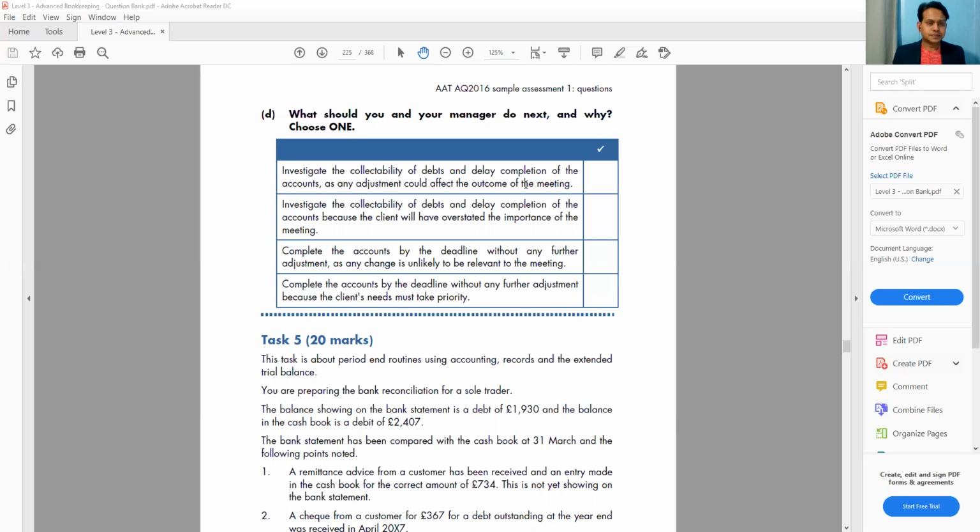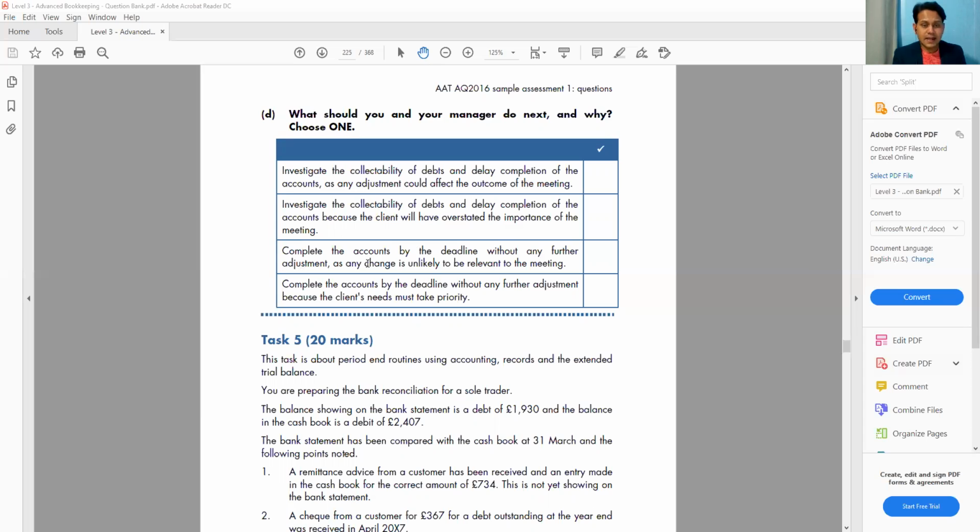This is number one. Number two says investigate the collectibility of the debt and delay completion of the accounts because the client will have overstated the importance of the meeting. This one is kind of, we cannot say that the client will overstate the importance of the meeting. So we really cannot say that.